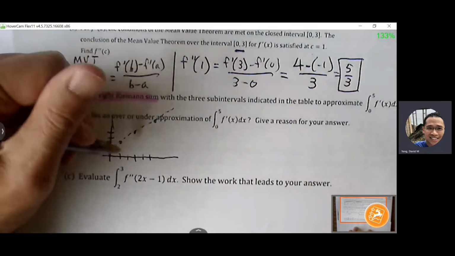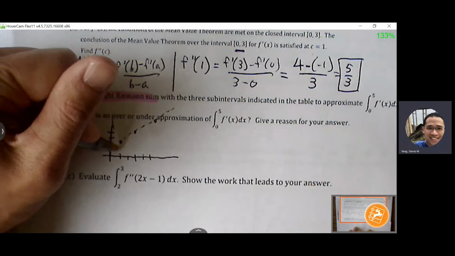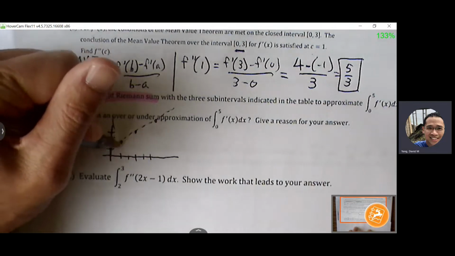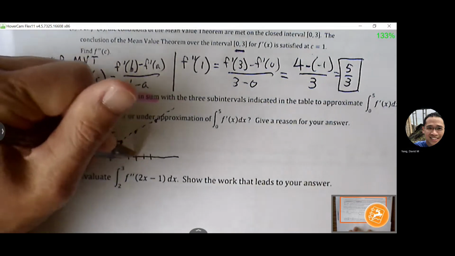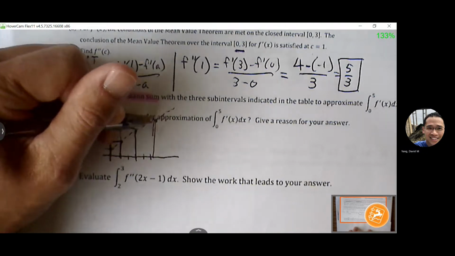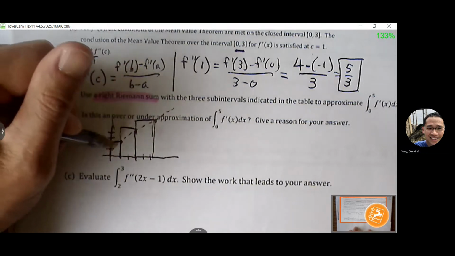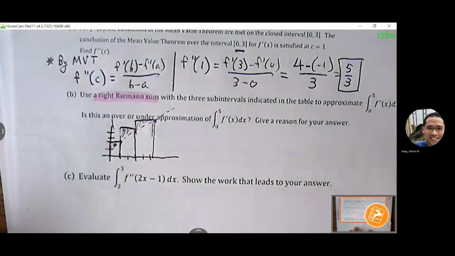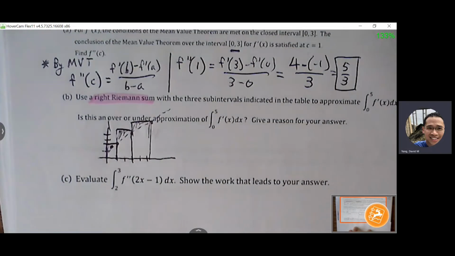Rising, but then you want every rectangle to be determined by the height of the right endpoint. So you see that you have portions of the rectangles that obviously are sitting above the curve. So you know that these rectangles are going to overestimate the actual area under the curve.